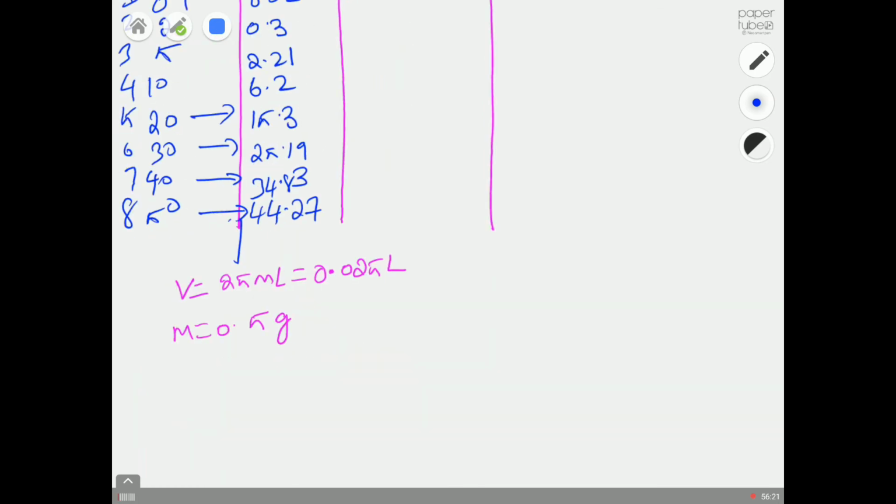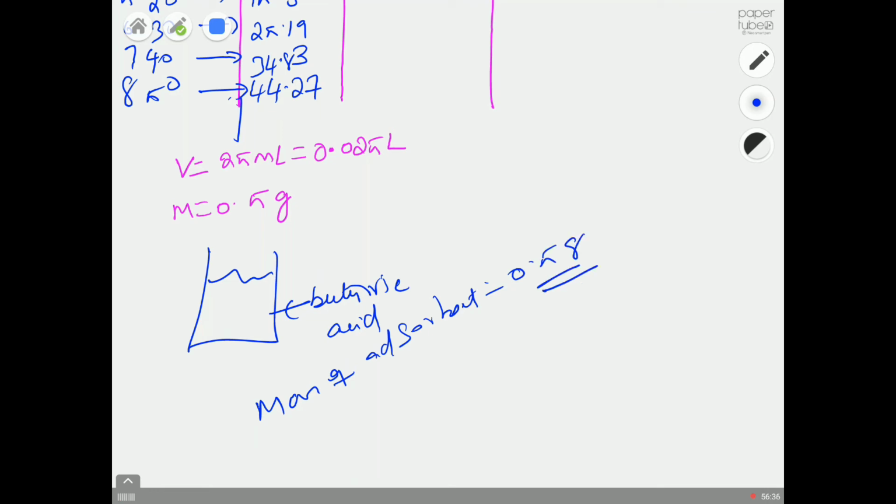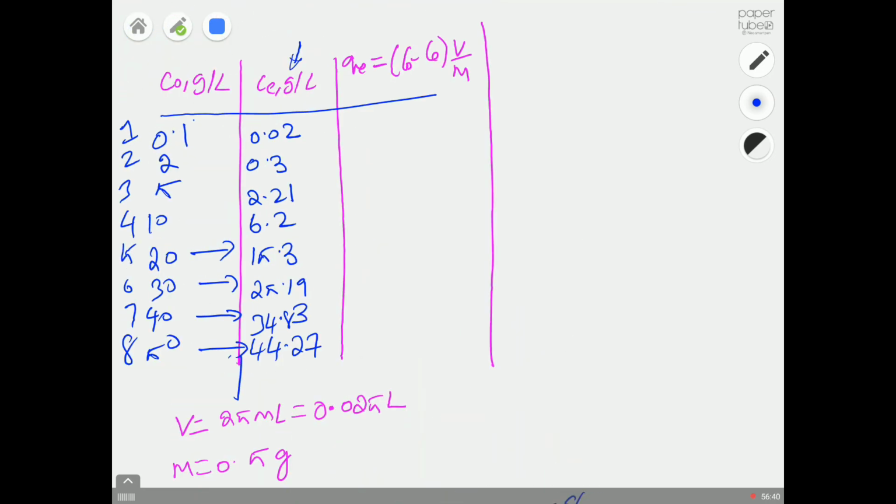We started with a solution that contains butyric acid, and then we added some mass of adsorbent. Just assume we added 0.5 grams in each of these vials. This is your final concentration, or equilibrium concentration, because it is the concentration in the solution that is in equilibrium with what is already adsorbed onto the surface.